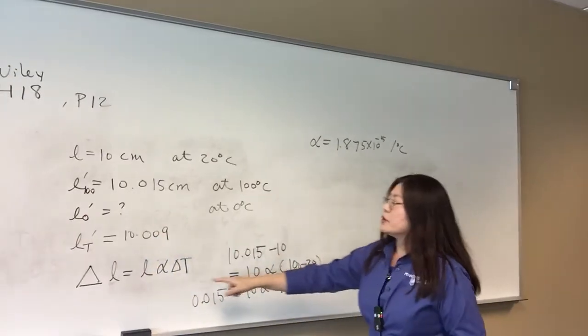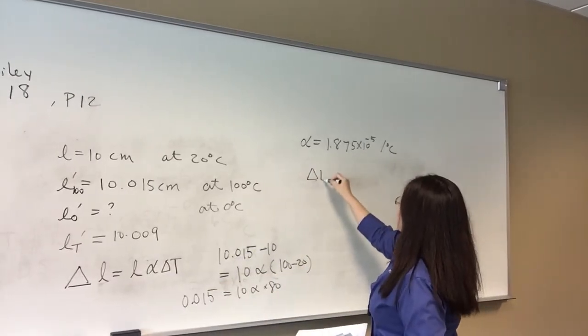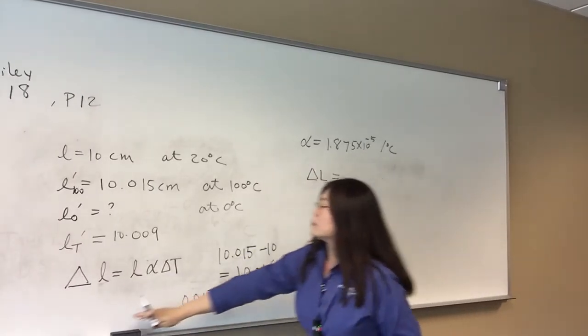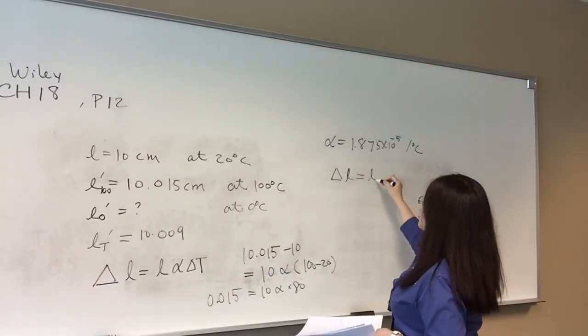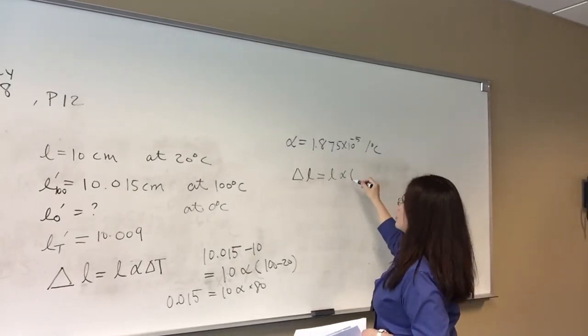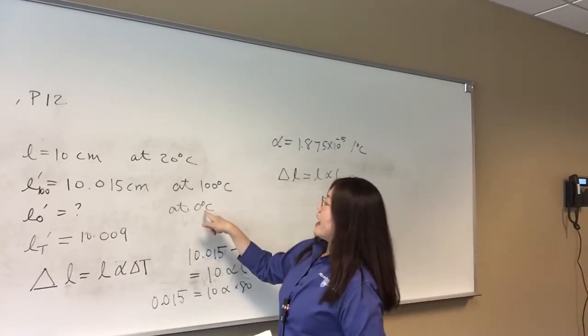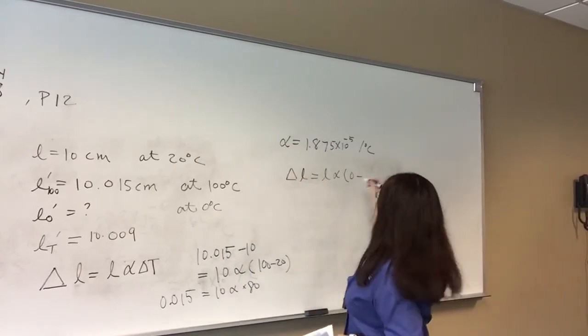Again, we're just going to use the same equation. So you have the delta L, and that's equal to, I'm just going to use a lowercase l, the initial, which is 10, times alpha, times the temperature difference. The temperature difference is now, the final is at 0 degrees, initial is at 20 degrees.